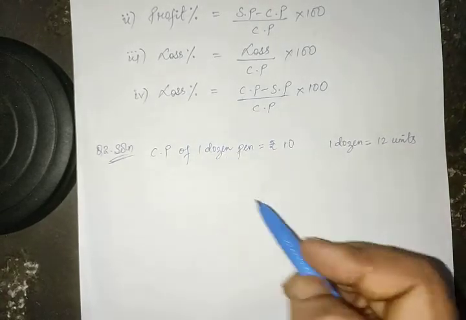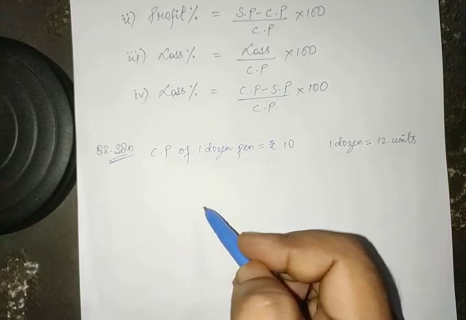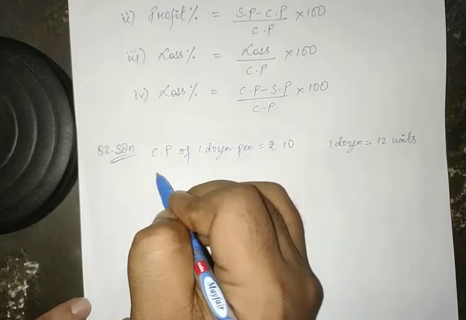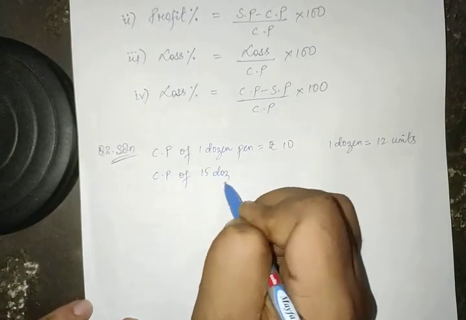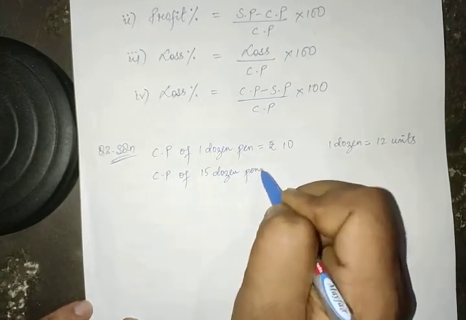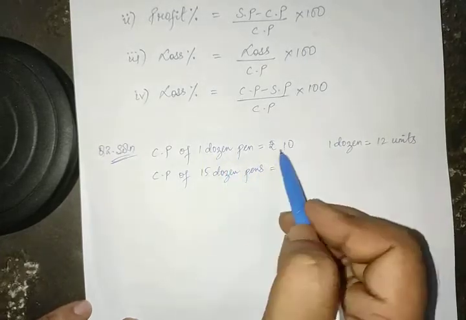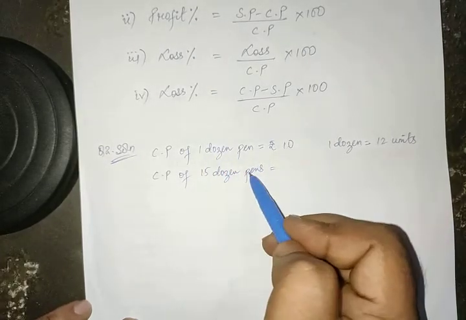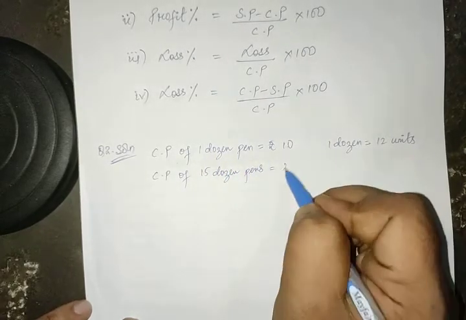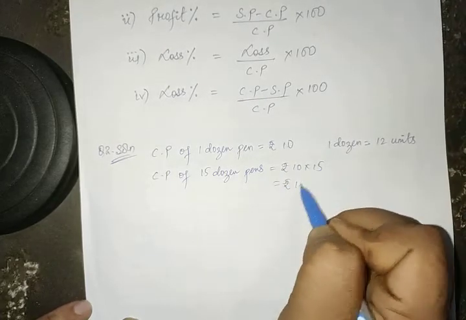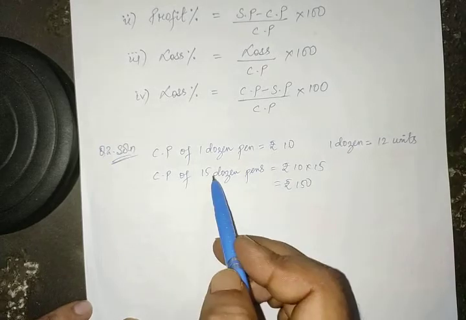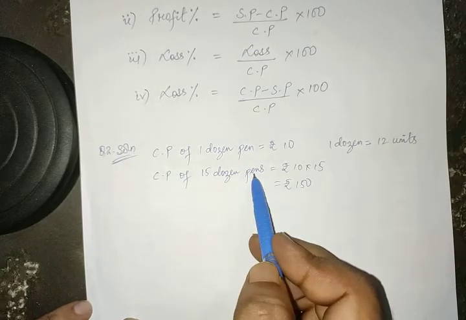We have to find the cost price of 15 dozen pens. 1 dozen pens costs 10 rupees, so 15 dozen pens will be 10 into 15, so we'll get rupees 150. Now 15 dozen pens means how many pens?